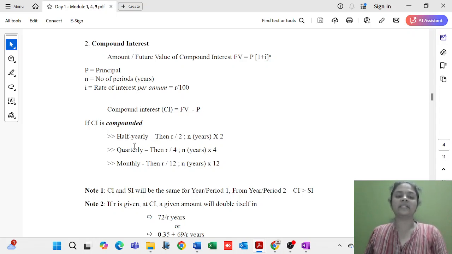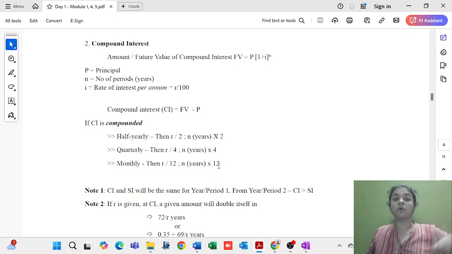Remember, when it is half yearly compounding, rate of interest per annum for the year, you should divide the rate of interest by 2 because it is half yearly, and n will get multiplied by 2. When it is quarterly, rate of interest will get divided by 4, n will get multiplied by 4. And when it is monthly, rate of interest gets divided by 12 and n will get multiplied by 12. Because n, if I say 2 years, it is not 2 years, it is 2 into 12, 24 months.